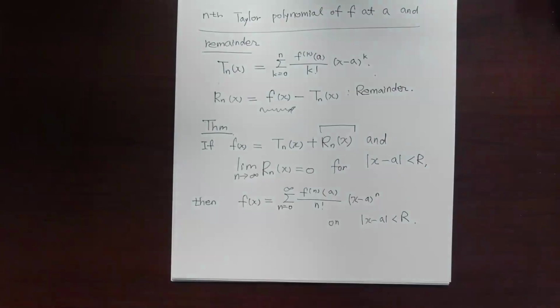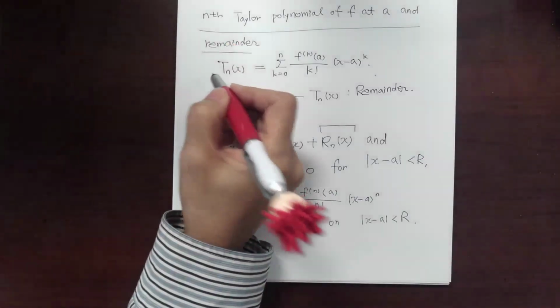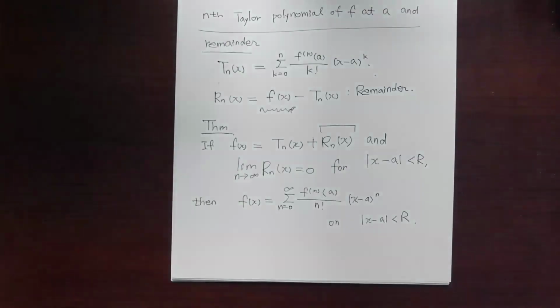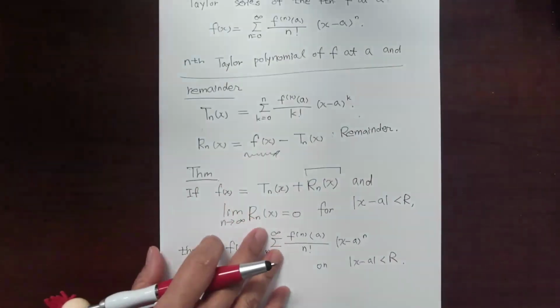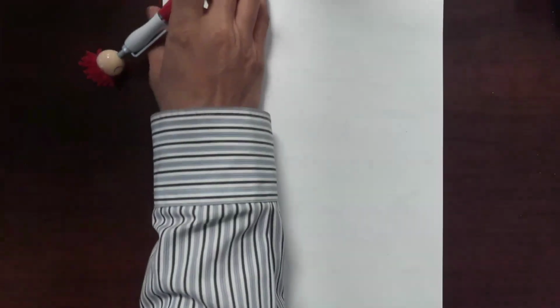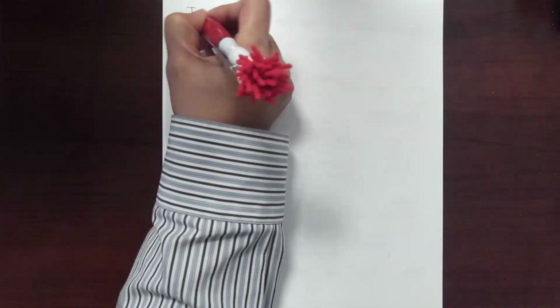Then the statement says that this nth Taylor polynomial will converge to the function as a Taylor series. It sounds like common sense.